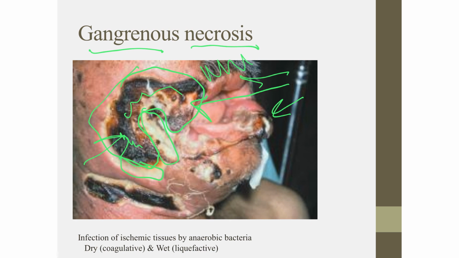So dry gangrene happens in coagulative necrosis, where you see this black appearance of tissues because of the oxidation. So in order to have dry gangrene, you have to have oxygen around. So the tissues have to be in some ways exposed to air, because any tissue that becomes ischemic will attract anaerobic bacteria to it.